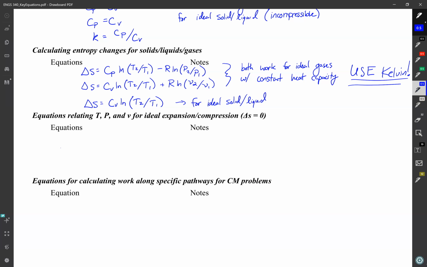There are a couple useful equations relating temperature, pressure, and volume for ideal expansions or compressions. Ideal, that means delta S equals 0. So this is adiabatic and reversible.